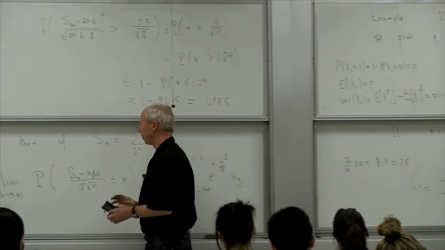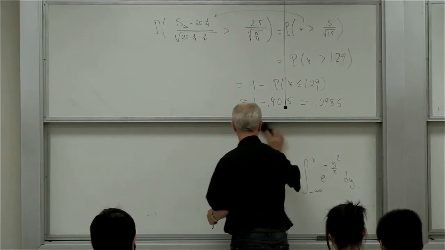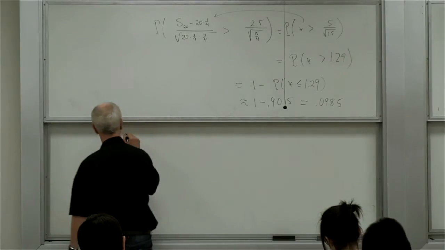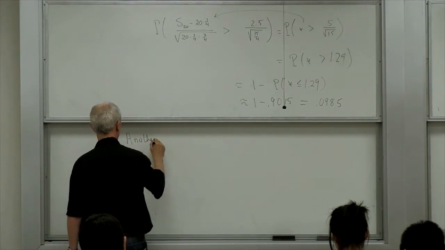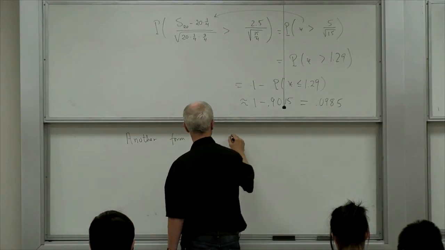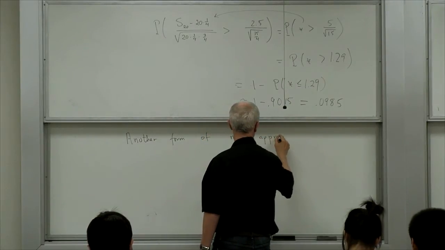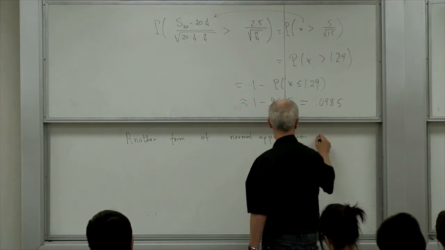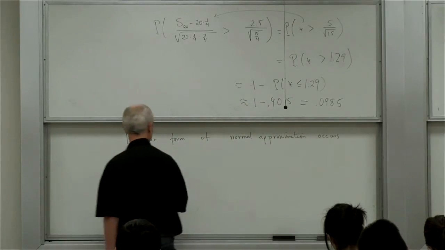Now the central limit theorem appears in other forms. Another form of normal approximation occurs for Poisson random variables with large lambda.